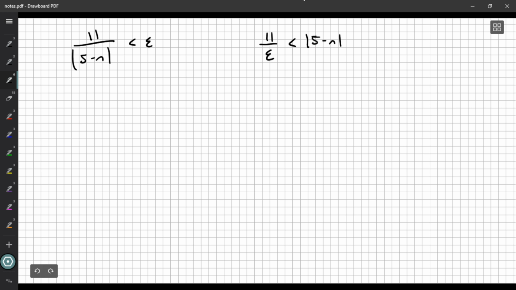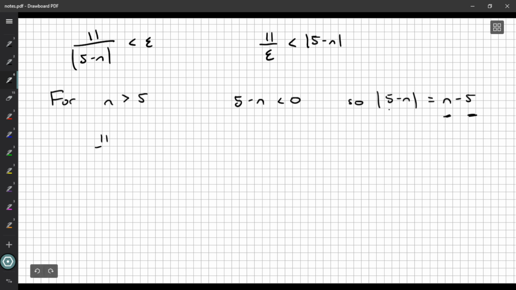Now, if we make an assumption for values of n that are greater than 5, 5 − n is going to be negative, so the absolute value of 5 − n is just going to be n − 5. Now, 5 − 6 is negative 1, in absolute value is 1, which is the same as 6 − 5.